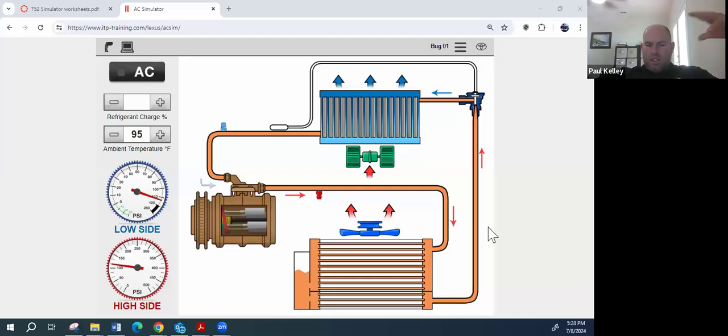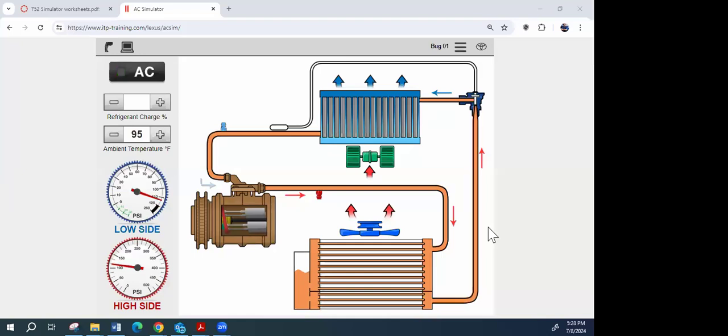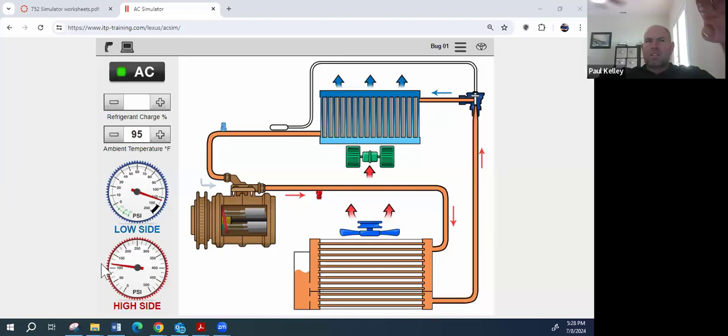So let's just say that it didn't click and we thought it might be low on refrigerant. What would we do to verify the refrigerant level? Well, checking the pressure. Exactly. And we got that. So what do you guys think about these pressures right here?